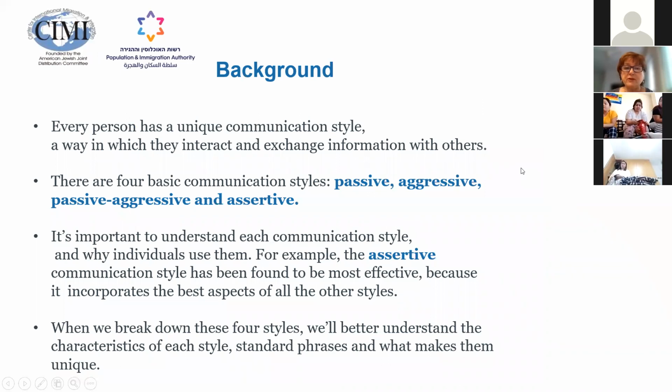Every person has a unique communication style, a way in which they interact and exchange information with others. There are 4 basic communication styles that we're going to talk about: passive, aggressive, passive-aggressive, and assertive.